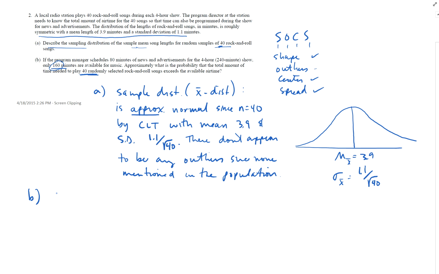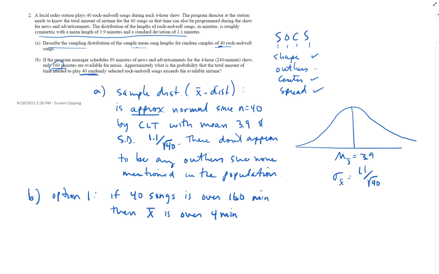Option one is to recognize this. You don't have to write this down, you just have to think this. If 40 songs is over 160 minutes, then X bar is over 4 minutes.